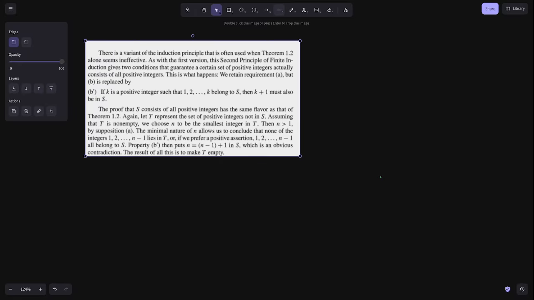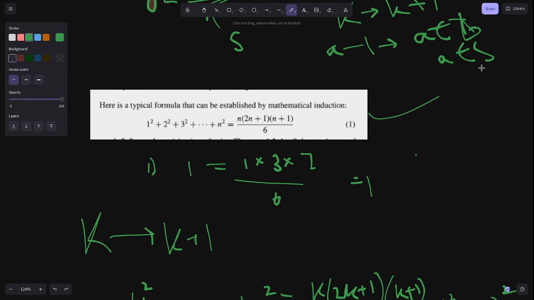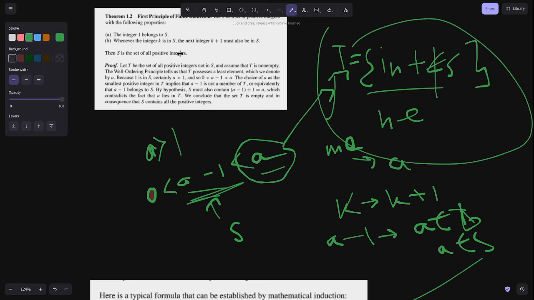Basically, if k is a positive integer such that k belongs to S, then k plus 1 also belongs. Oh, we were using this thing as well. So we were using this same thing right now. We used the second principle only to solve this sum. The first one is a bit more formal, I guess.